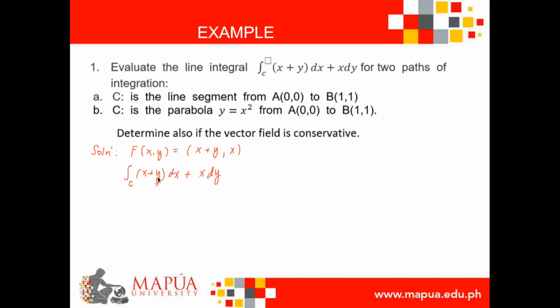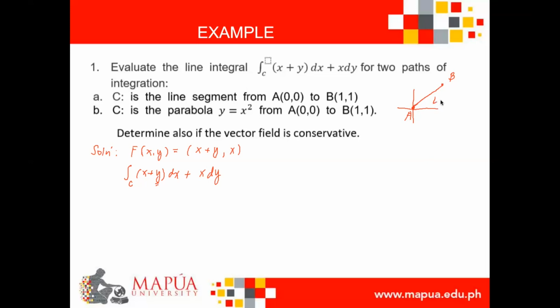So our y here can be found from the line segment whose two points are given. So we have here, the two points are given as the coordinates 0, 0, and 1, 1. If we're going to plot it, we have this as now the point A and point B. Suppose this is your 1, 1.